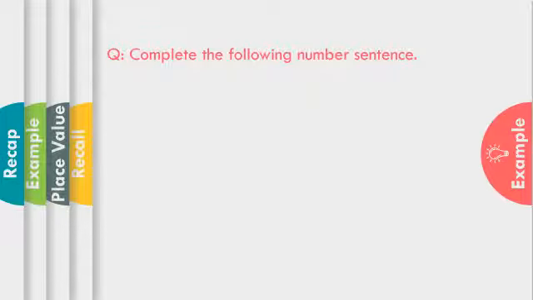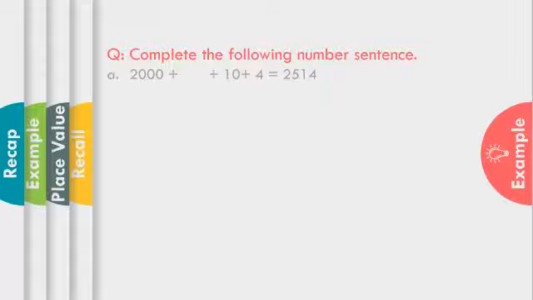Let's move towards another question, that is, complete the following number sentence. And the question is this. As you see, on the right hand side there is a number given, that is 2514. Now we have to break this number according to its value. So start from the thousands.